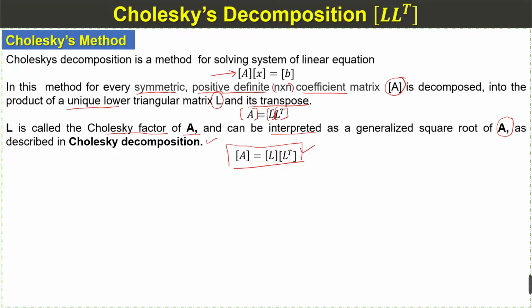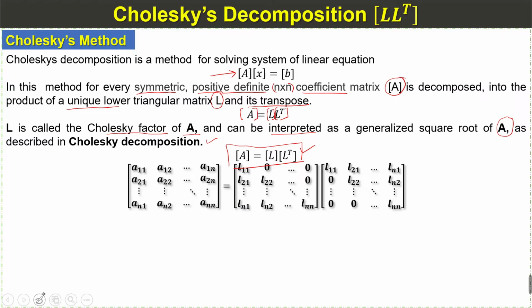For an n cross n matrix we have a form like this. This is the coefficient matrix A of order n cross n, and we decompose this matrix into the n cross n lower triangular matrix and its transpose.